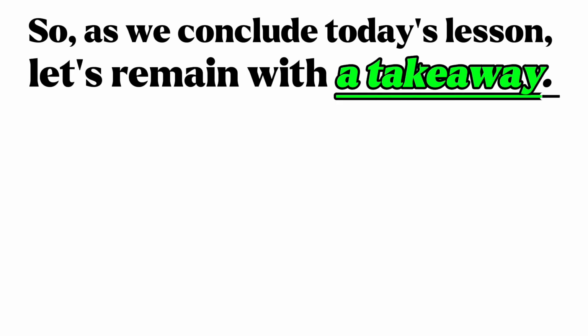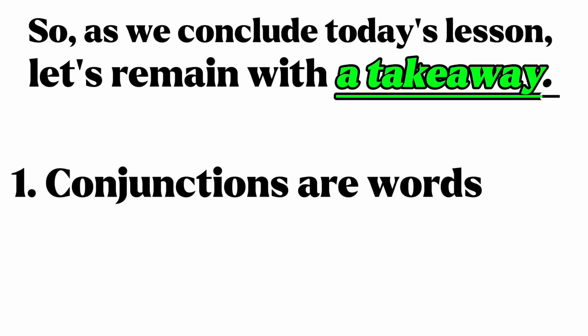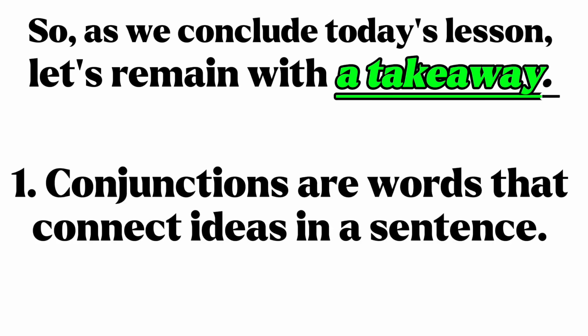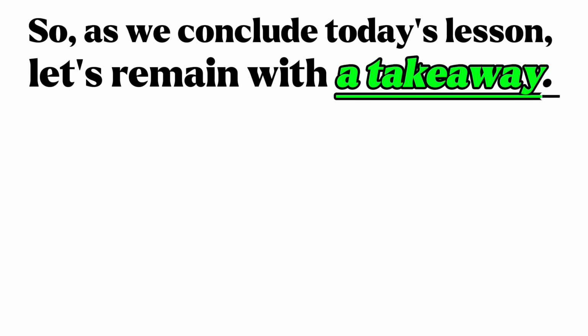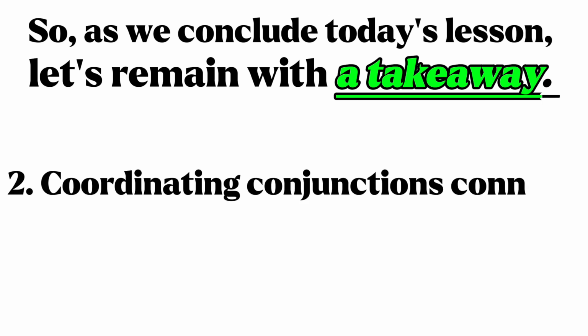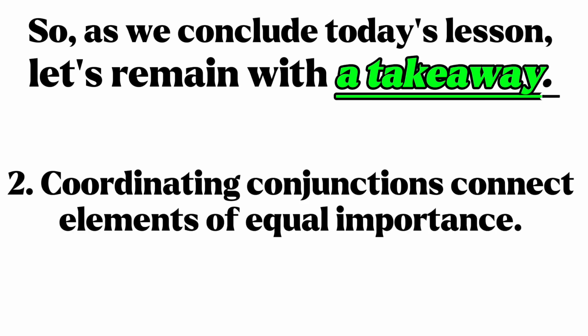So as we conclude today's lesson, let's remain with a takeaway. The first one is, conjunctions are words that connect ideas in a sentence. Among them, coordinating conjunctions connect elements of equal importance.